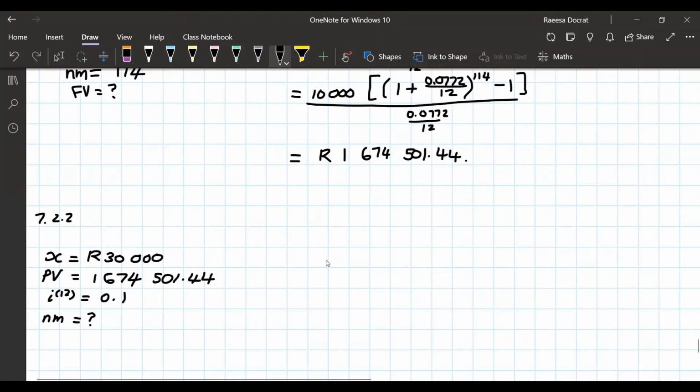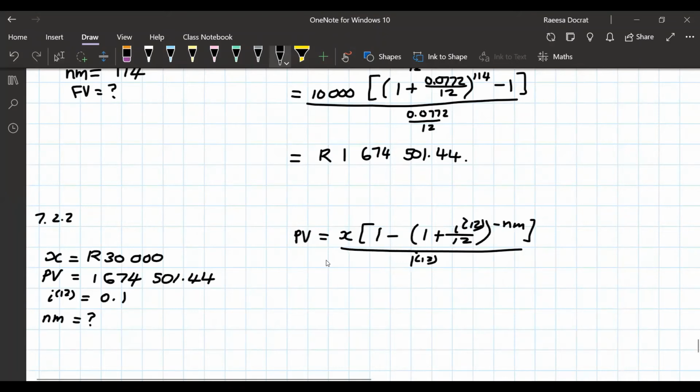Okay, so then let's put in the formula. Our present value is equal to X times 1 minus 1 plus i12 over 12 to the power of minus nm, all over i12 over 12. So the present value is 1,674,501.44.